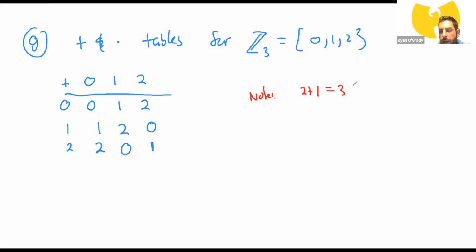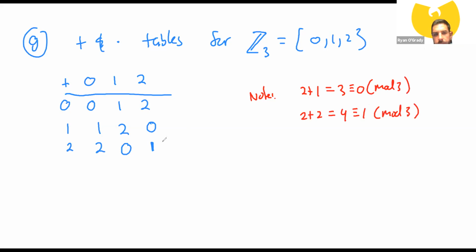But 3 is congruent to 0 mod 3. So that's why we put the 0 here. And 2 plus 2 is equal to 4, but that is congruent to 1 mod 3. And that's why there's a 1 here.